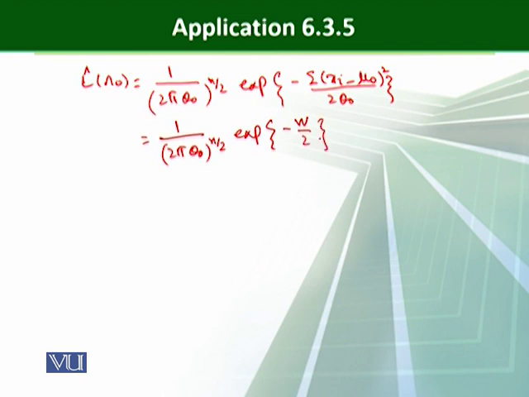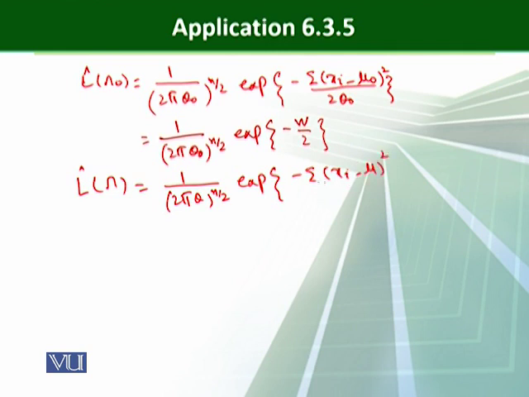Similarly, the likelihood based on the full parameter space is (1 over 2 pi theta) raised to power n over 2 into exponential of minus sum of (Xi minus mu) whole square over 2 theta. And we also know that the maximum likelihood estimator of theta, which is theta hat, is 1 over n sum of (Xi minus mu) whole square.